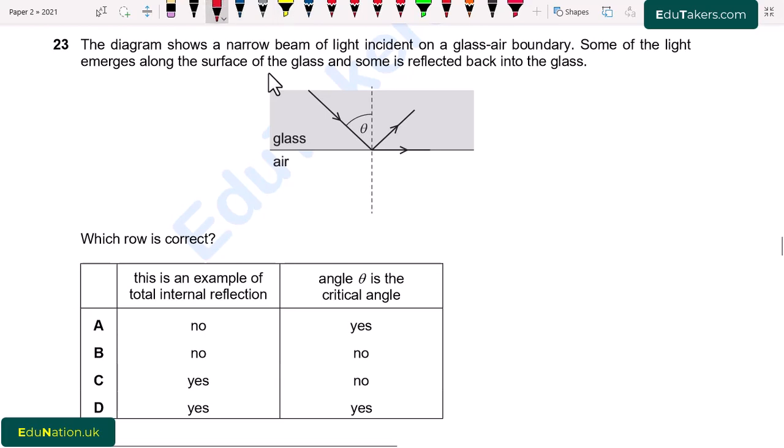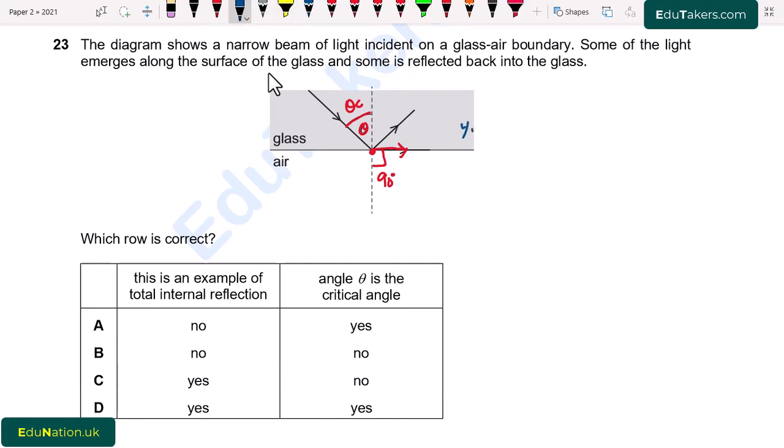We can see from here this angle is the angle of incidence and it hits the boundary at this point and then it becomes parallel to the boundary such that there is an angle of 90 degrees. So this angle is basically the critical angle.